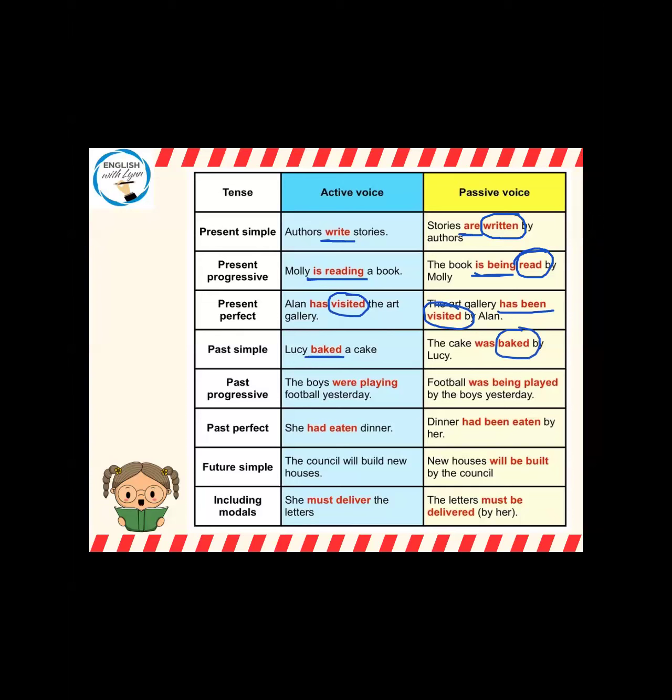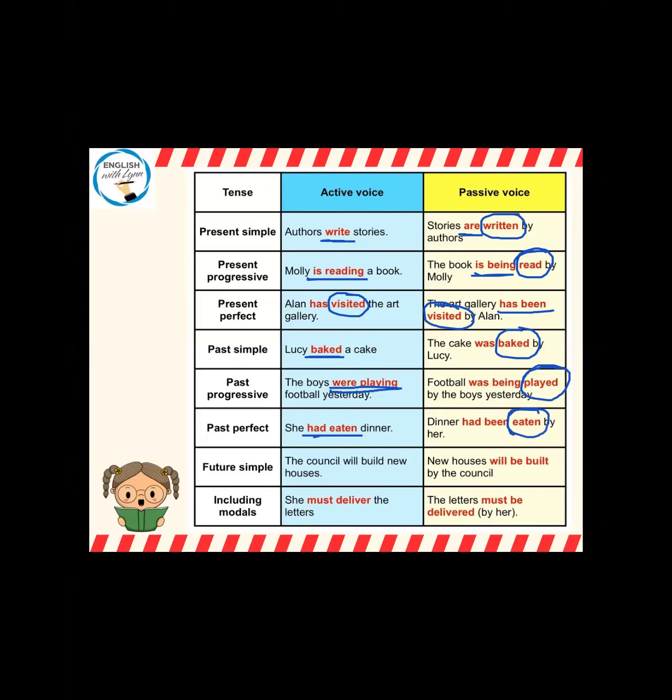Okay. And then the boys were playing is past progressive. Turn it into the passive, you've got was being, and played is the past participle there. And then past perfect, had eaten. Very similar to the present perfect, you have got has been and then eaten as the past participle there.